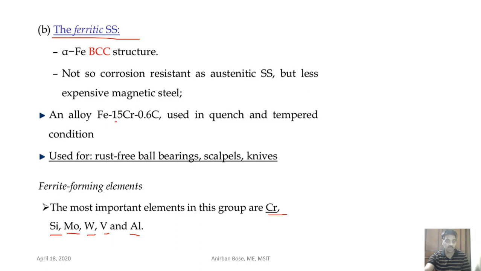Here you can see one example where 15% chromium is there, 0.6% carbon is present, and this particular stainless steel is ferritic stainless steel. Its corrosion resistance is not so high as in austenitic stainless steel, but they are less costly. Those can also be used for different applications. Not so corrosion resistant like austenitic steel, but it still has very good corrosion resistance, because chromium is there.